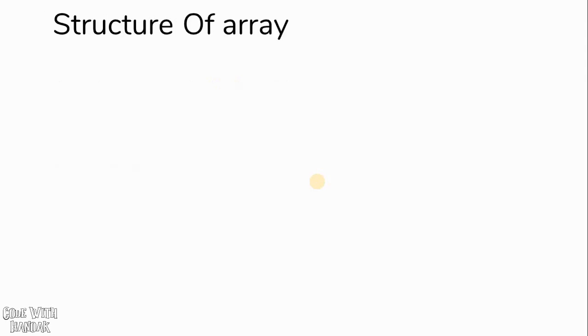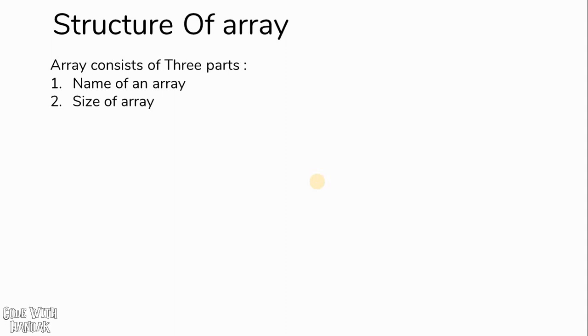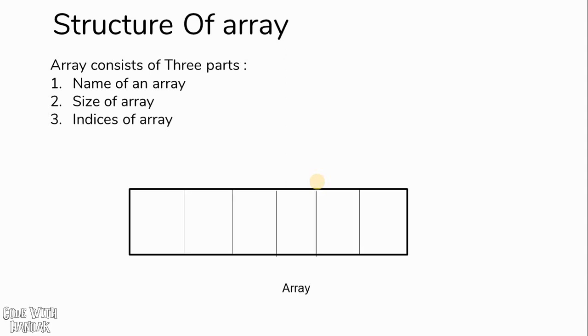Having done with this, let us understand the structure of an array. An array consists of three parts in its structure: first the name of the array, second the size of the array, and thirdly the indices of the array. Let us assume that we have an array of 6 elements, and I call it A. This is the name of the array, which contains for example these values.